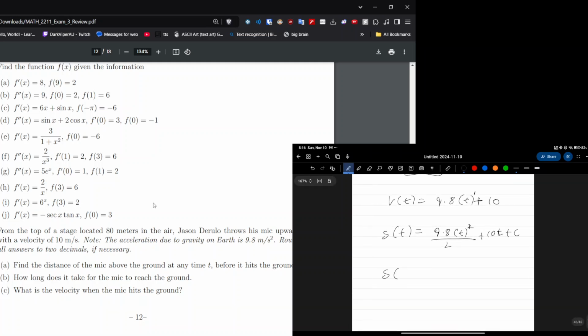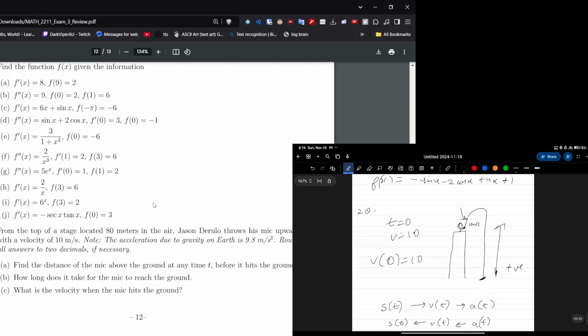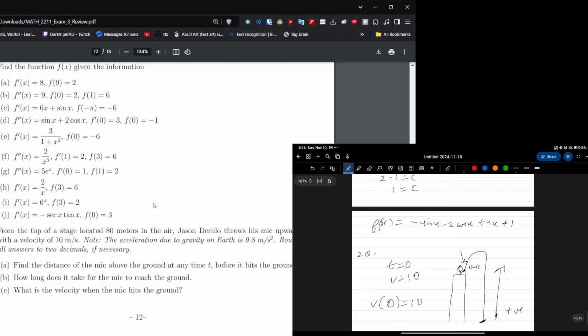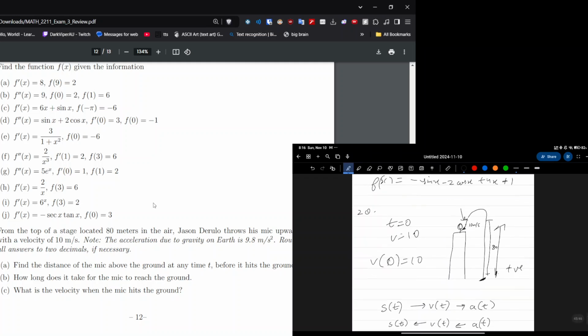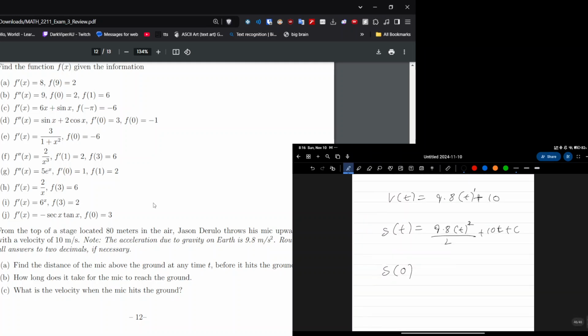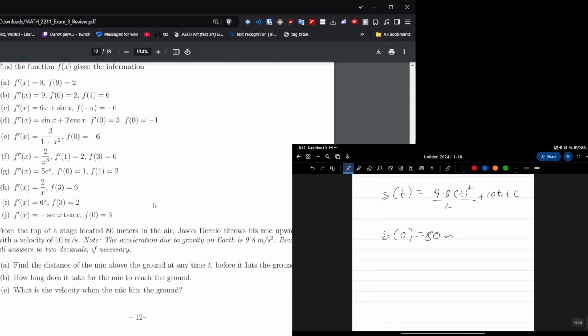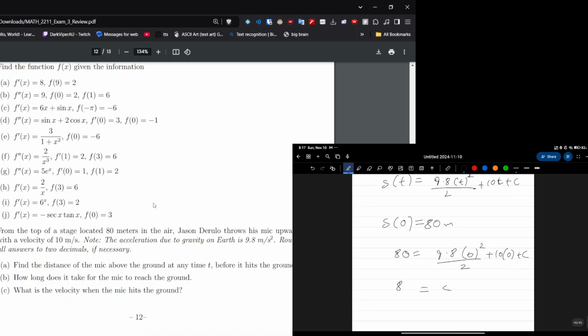That means at time 0 this distance was 80. So I can use that over here. 80 equals 9.8 times 0 squared over 2 plus 10 times 0 plus c. So this would be just c equals 80.